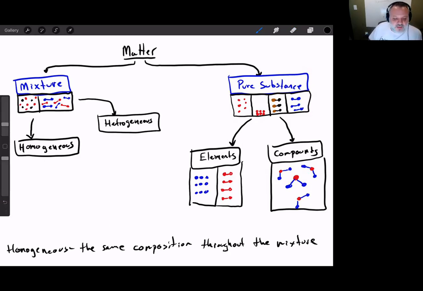Yeah, thank you, Diane. Yeah, homogeneous, the same composition throughout the mixture. Heterogeneous means different composition throughout the mixture.